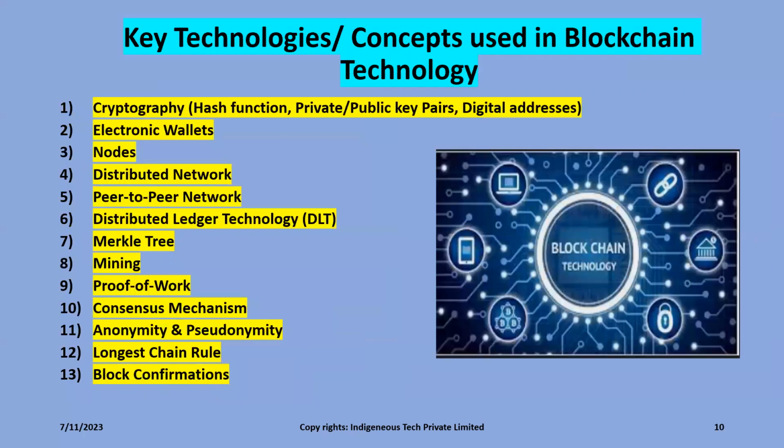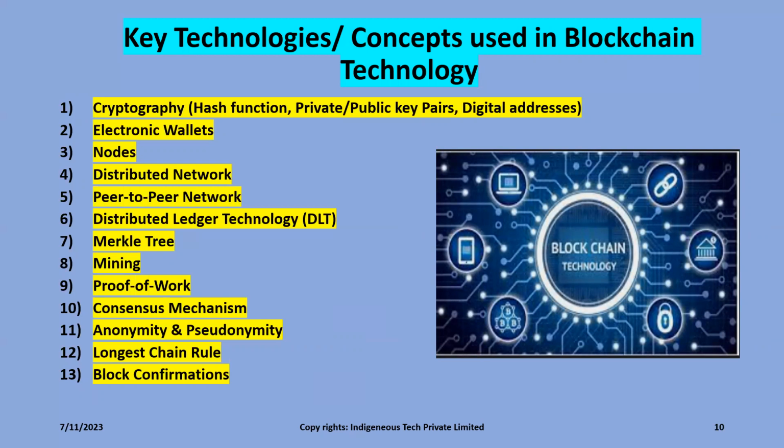Now, what are the key technologies or concepts used? The blockchain uses cryptography, basically hash functions, private and public key pairs, digital addresses, then electronic wallets for storing or transferring the Bitcoins.